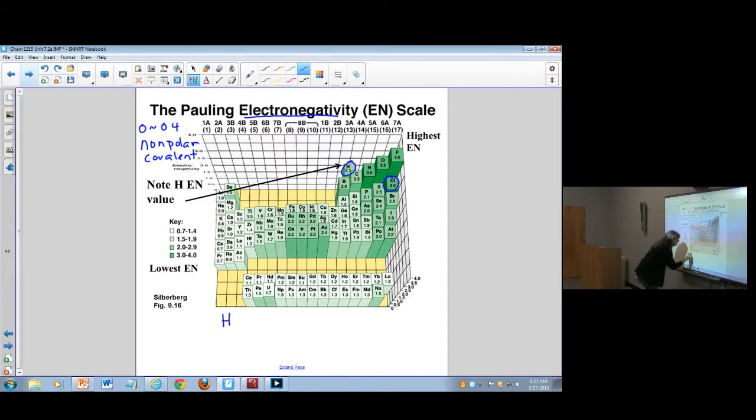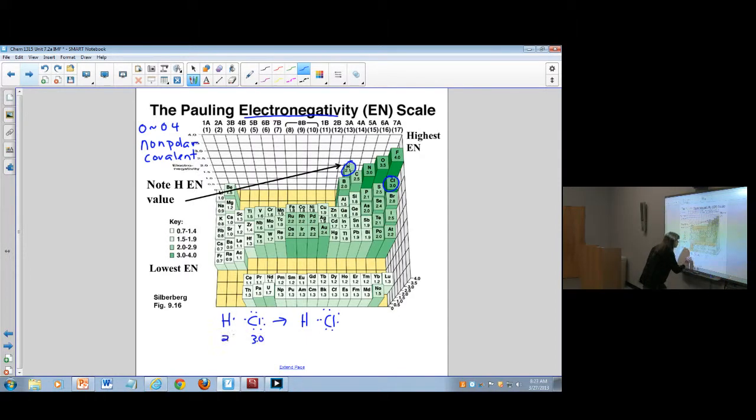H would have its electron right here, and Cl have its electron right here. And when they form the bond, the electron is pulled closer to the chlorine from the hydrogen, because chlorine has an electronegativity of 3.0.